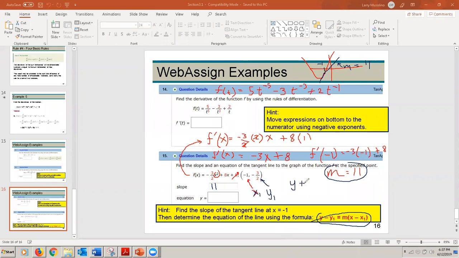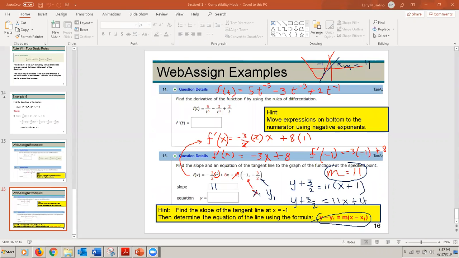But when I subtract a negative like that, it's going to flip to be y plus 3/2 equals m. Our m is 11, x minus x1. Our x1 is negative 1, so that's going to be x minus a negative 1, but that's going to be x plus 1. Let me multiply the 11 inside the parentheses. So that's going to be y plus 3/2 equals 11x plus 11.